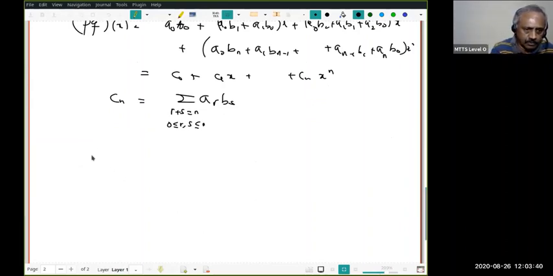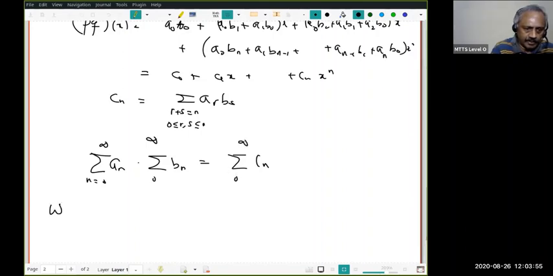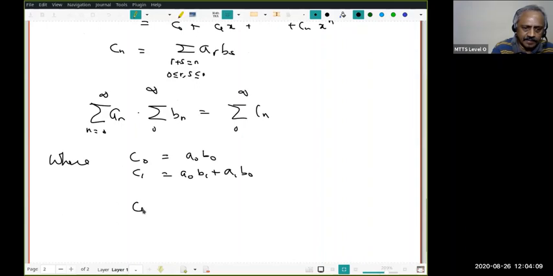So given two infinite series, the Cauchy product is the series cn, n equal to 0 to infinity, where, can you guess what should be c naught? a naught b naught. What will be c1? a naught b1 plus a1 b naught. In general, what is cn?